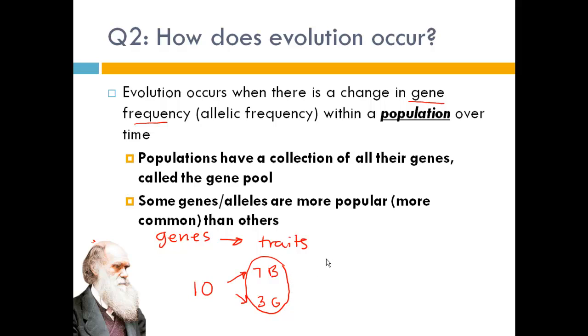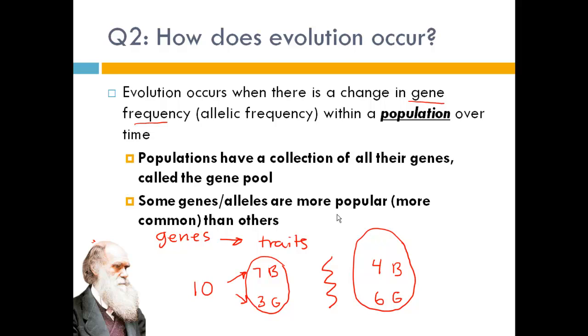Now, changes in the environment can lead to changes in that gene pool. Maybe after a certain change, we now only have 4 blue beetles, and now we have 6 green beetles. This is our new gene pool.